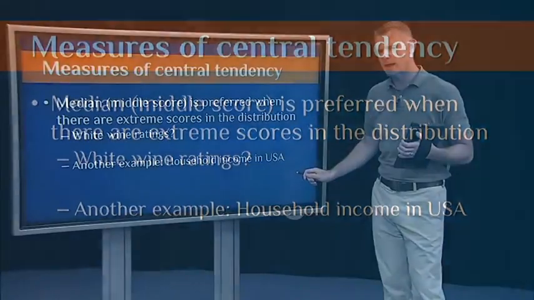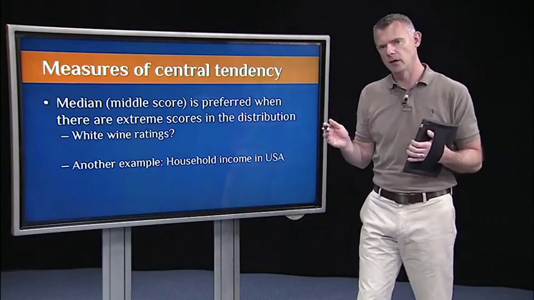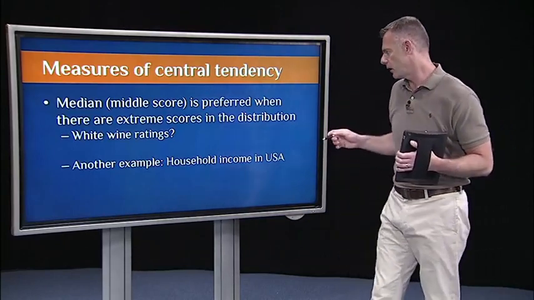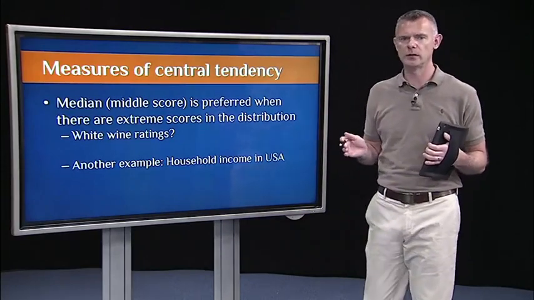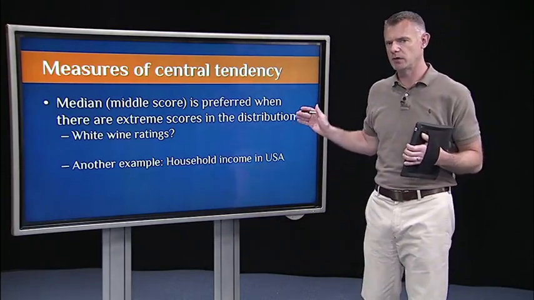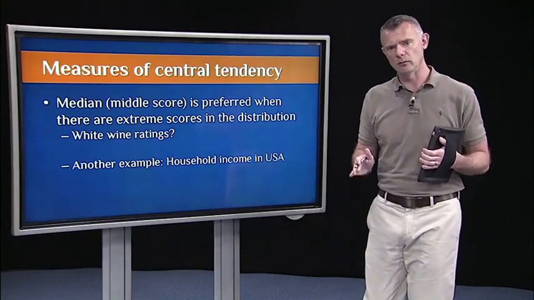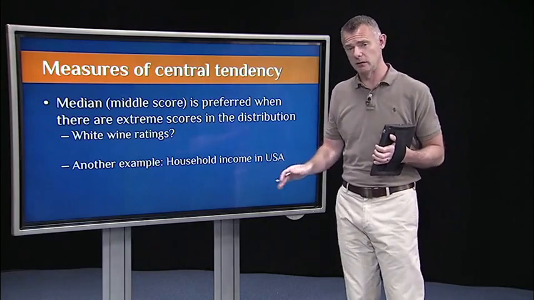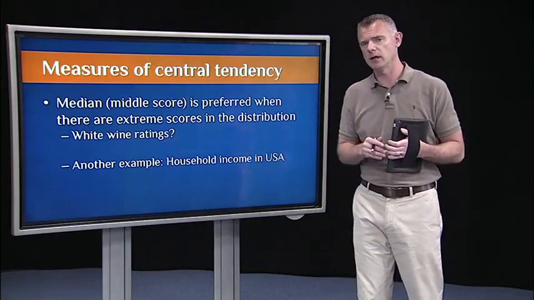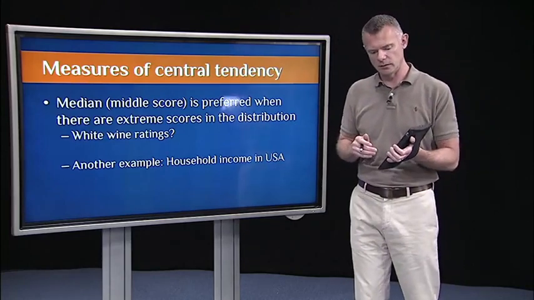Another classic example right now in the US and lots of modern countries is household income. Household income, particularly in the US right now, is really not normally distributed. There's a real positive skew in the income distributions in the US and in other countries as well.